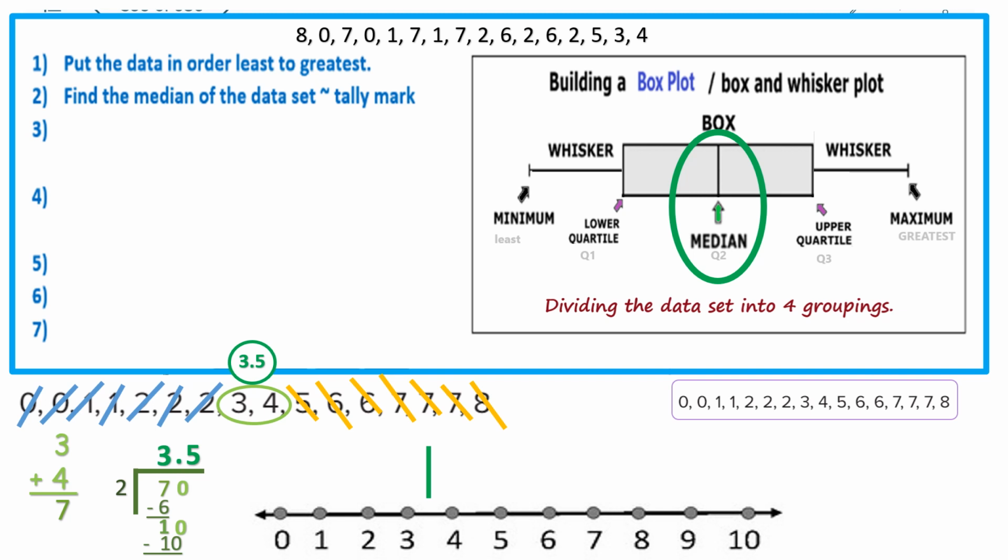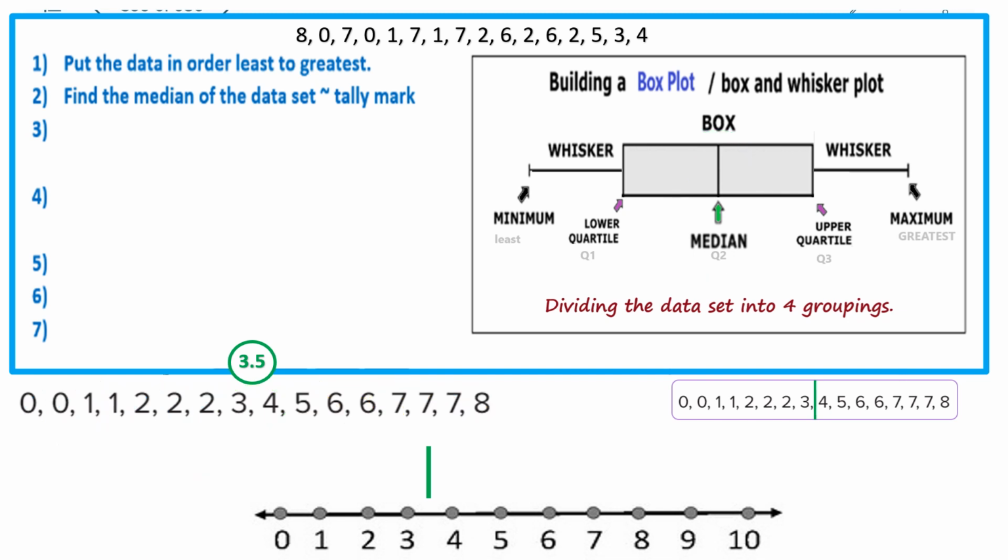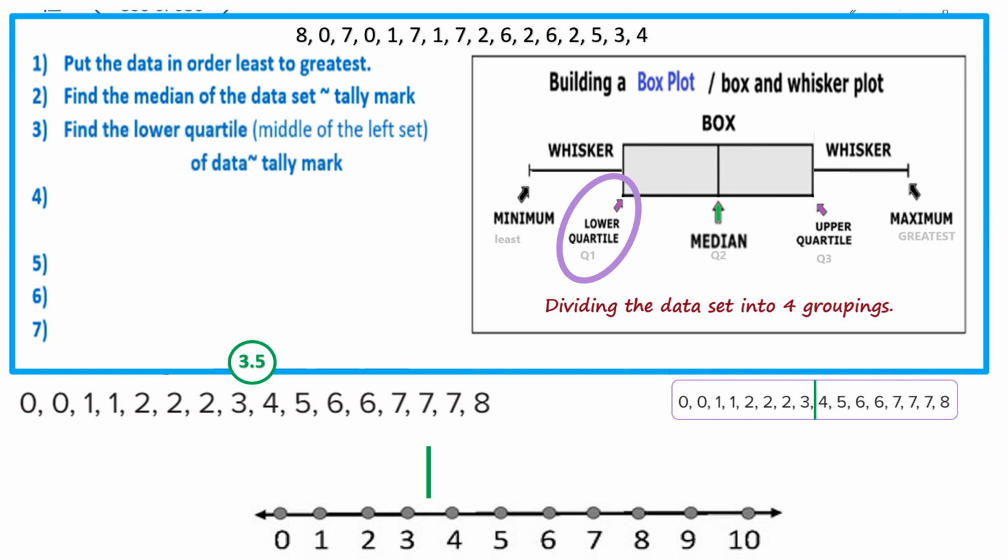So when I look at all of the numbers from 0 to 8 in order, what I've done is I've now divided them into 2 equal groups. So my next step is to focus in on the lower. So I've divided the group in half, and now I'm going to divide the first half in half. I'm going to find the middle, right? So you will see that on step 3, we're finding the lower quartile.